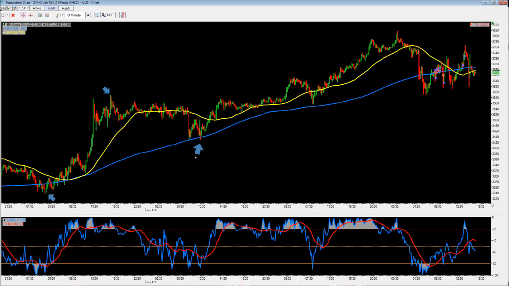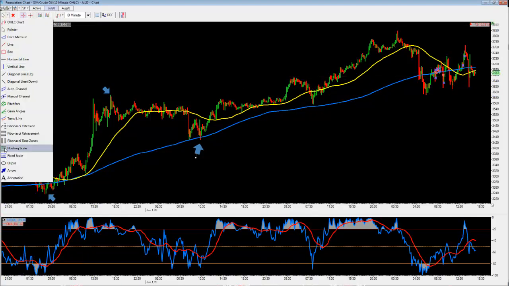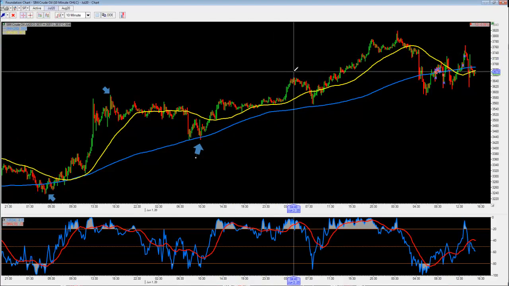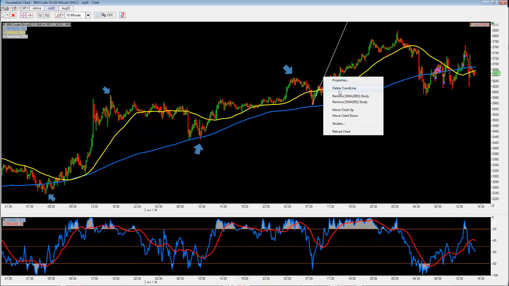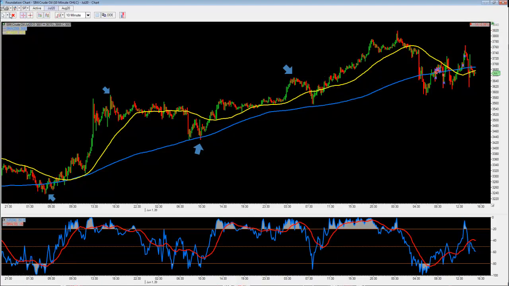Here's our higher high right there. See our higher low right there. I meant to grab an arrow, but I grabbed the trend line. And then we want to grab that right there.